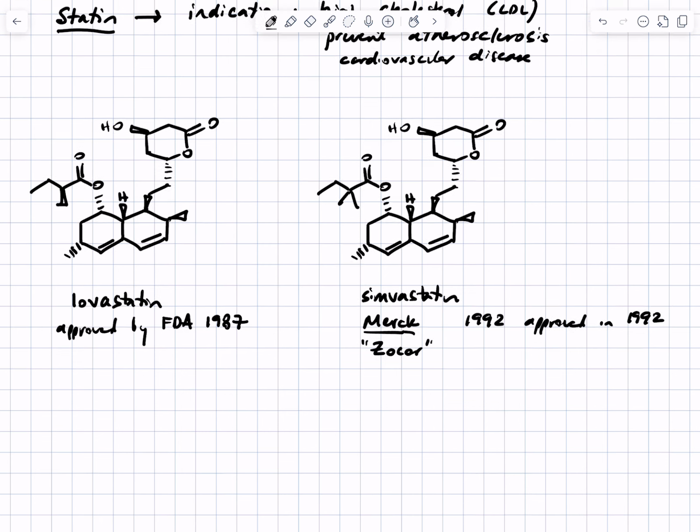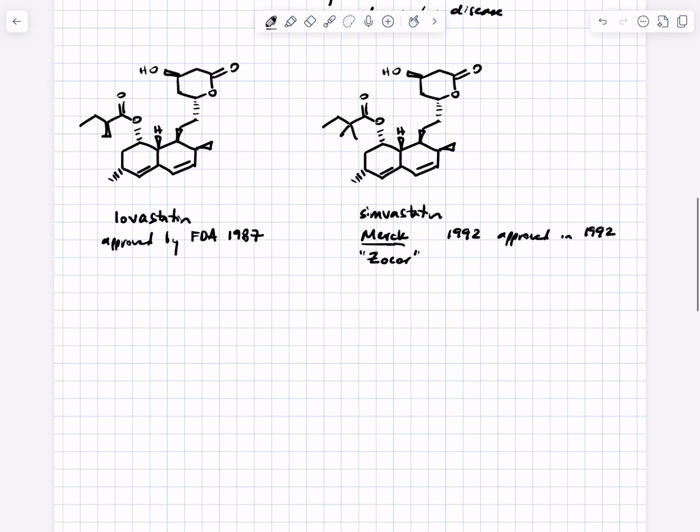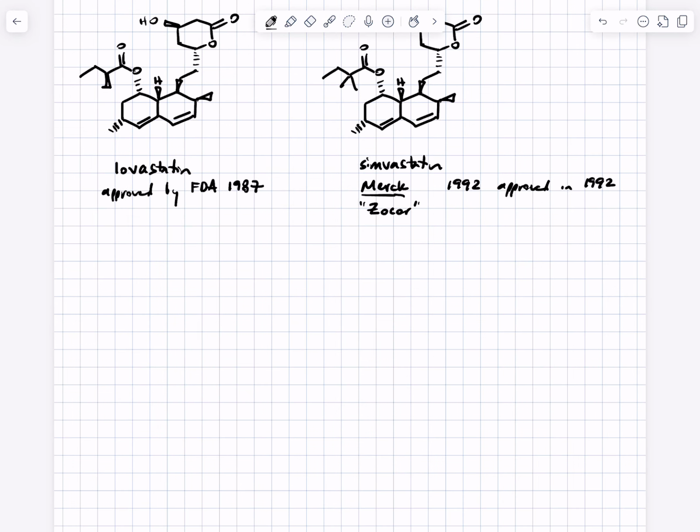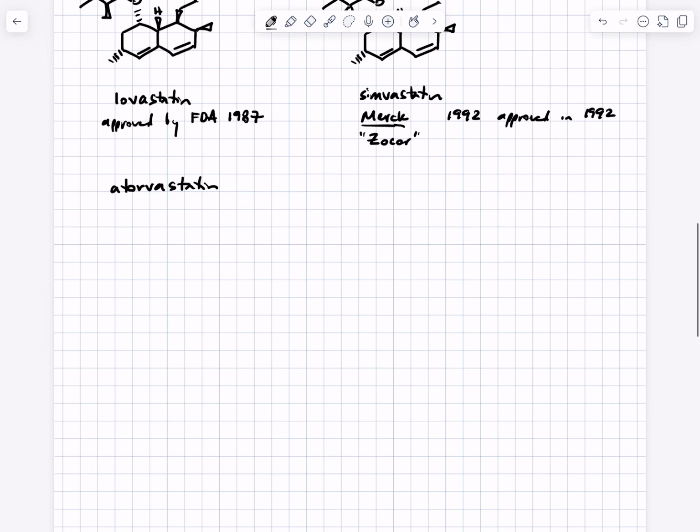Okay, so interestingly, I'll show you one more statin drug. It's called a statin because it does the same thing as these guys up top, but its structure is dramatically different. All of these drugs bind the same active site in the same protein, which I will tell you about in a little bit.